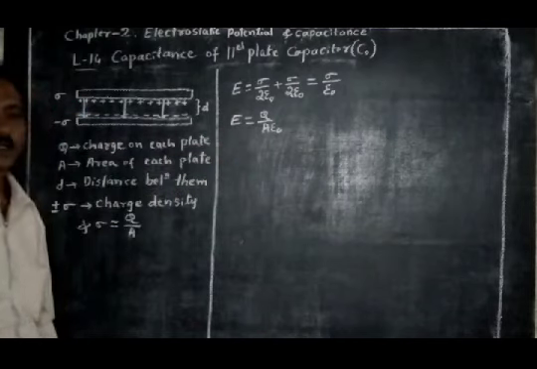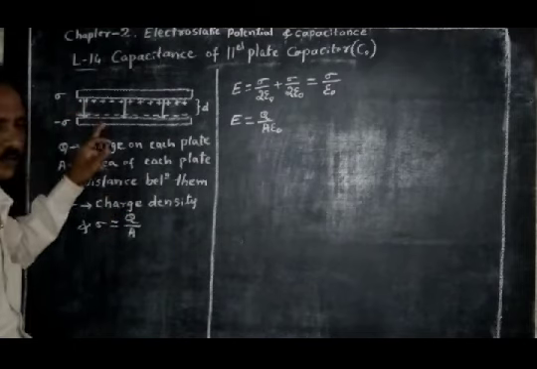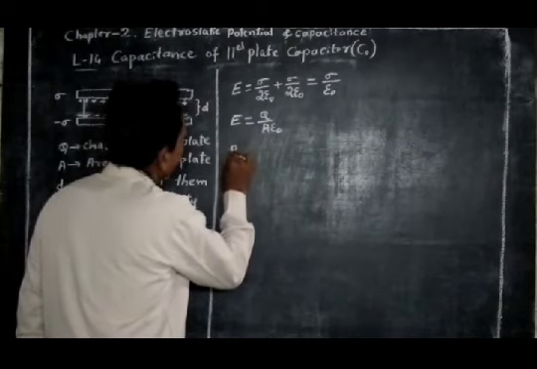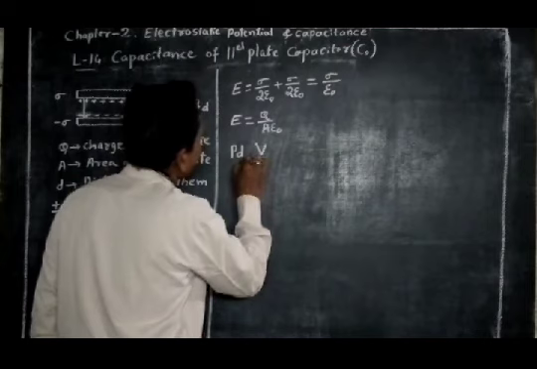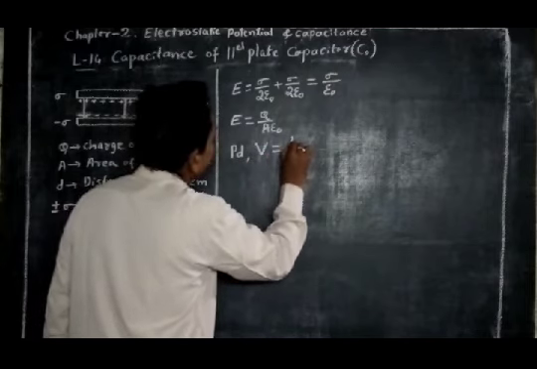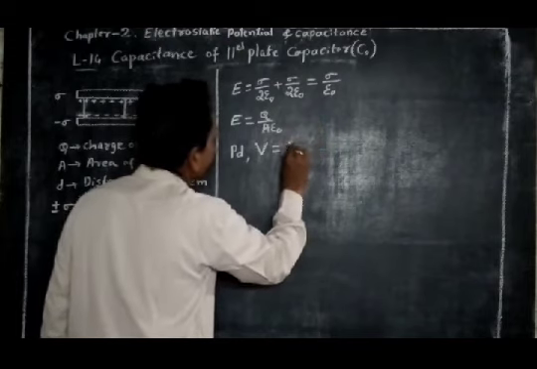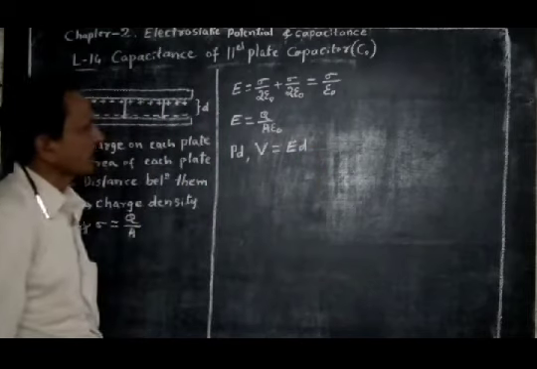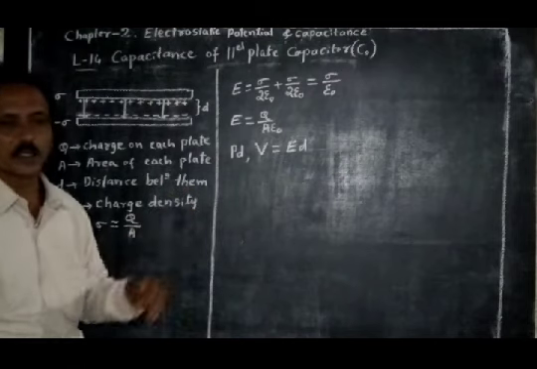And the potential difference between the plates is given by V equal to E into d, because we know that electric field is equal to the potential gradient.